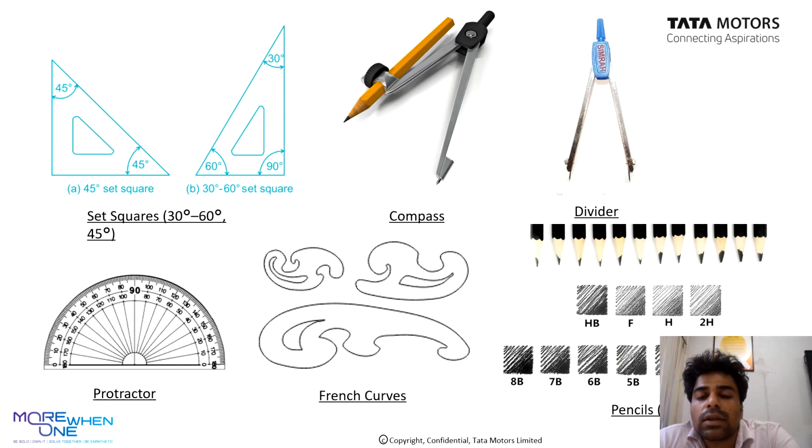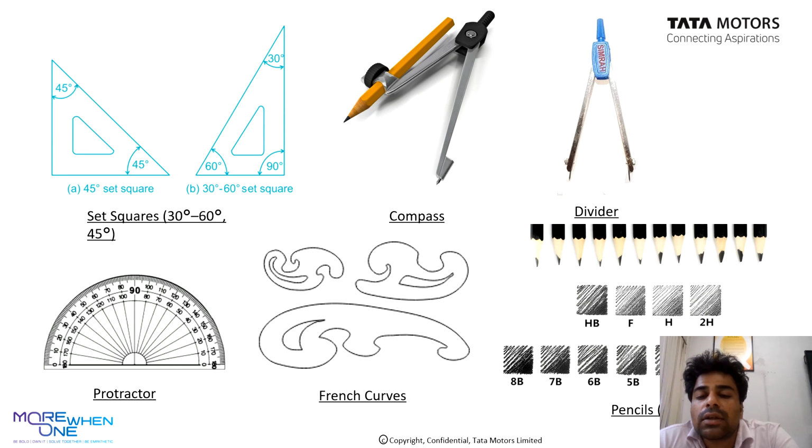In pencils, you can see HB, F, H, 2H, like that. Different types of pencils have different shades. HB pencil is generally used to make the main components in dark shade. Similarly, 2H pencil is used to prepare a drawing, especially projection lines, in light shade.